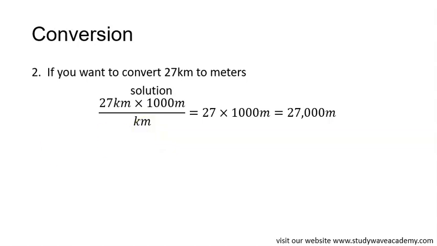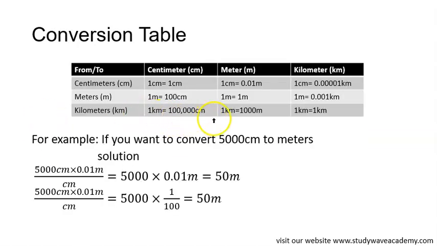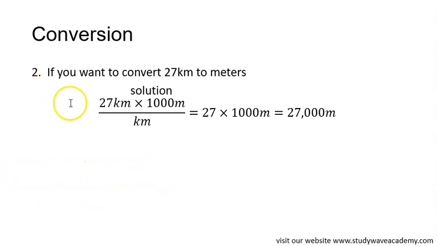To convert kilometers to meters, in the table it is 1000 meter. 1 kilometer is equal to 1000 meters. Okay? So we are going to be using that the way we did here. So 27 kilometers times 1000 meters over kilometer. Kilometer cancels kilometer. We are left with 27 times 1000 meter.